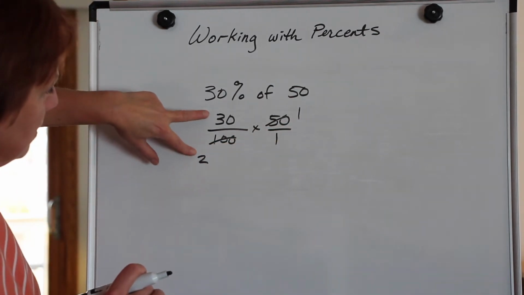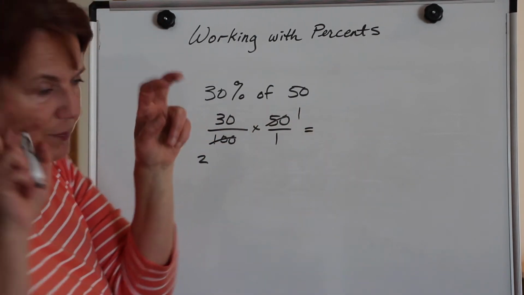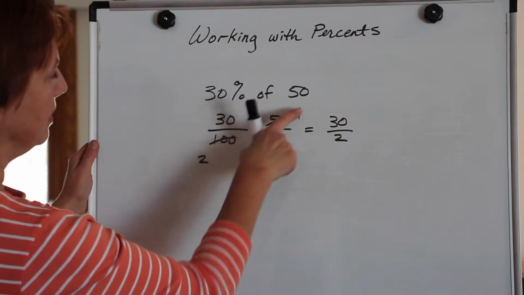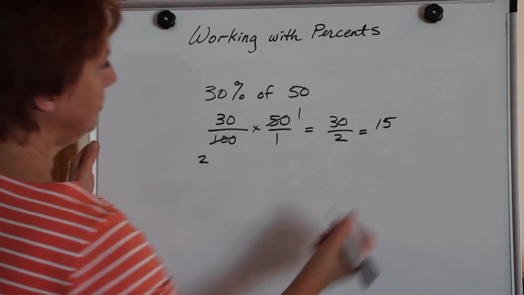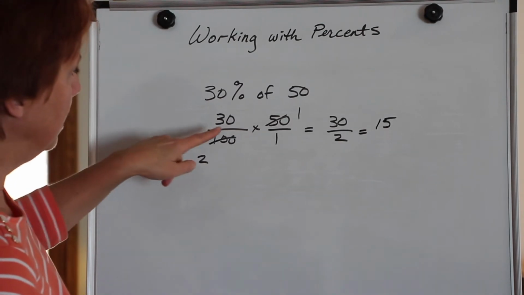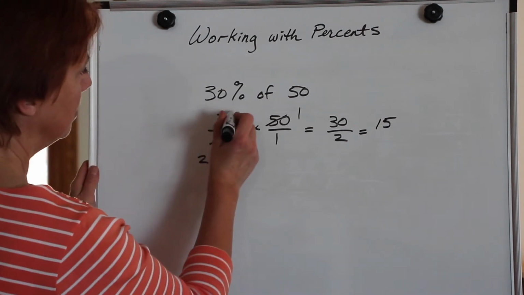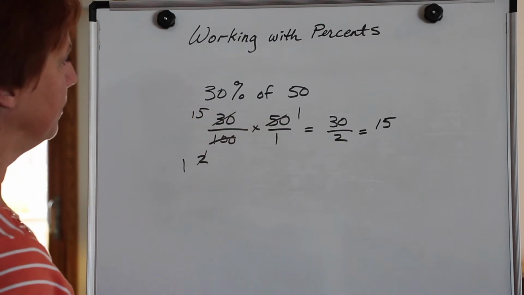Then we can finish by writing 30 over 2, and getting 15 as a final answer. Or we could say the 30 goes to 15 and the 2 goes to 1. Either way we get the same thing.